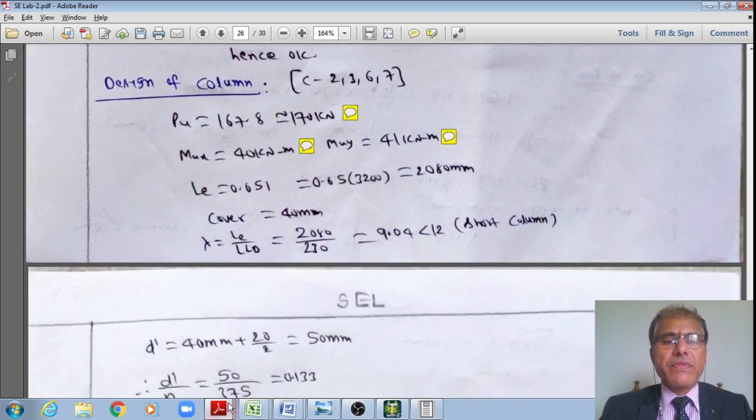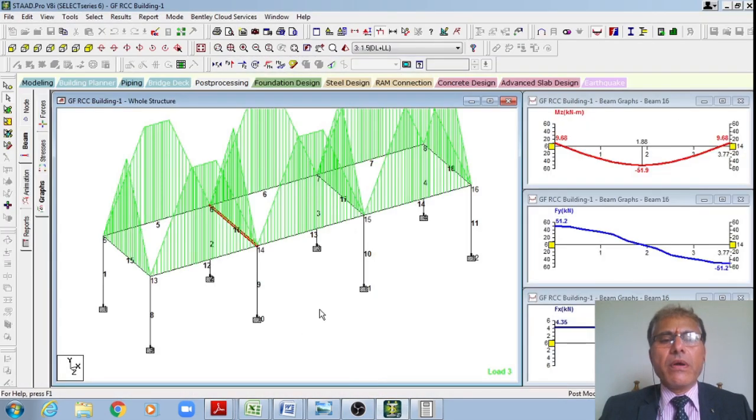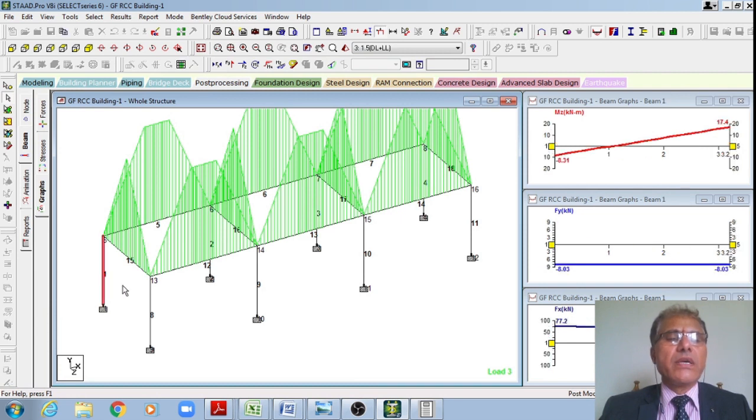Now let us see the designs of the columns also, student, right? This end column is subjected to a bending moment at the bottom of 8.31 kilonewton meter, and at the other end, at the top, 17.4, right?